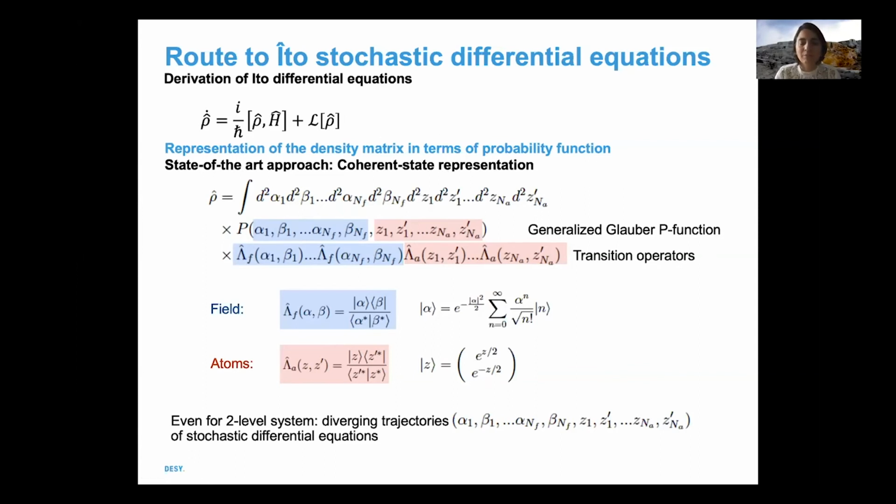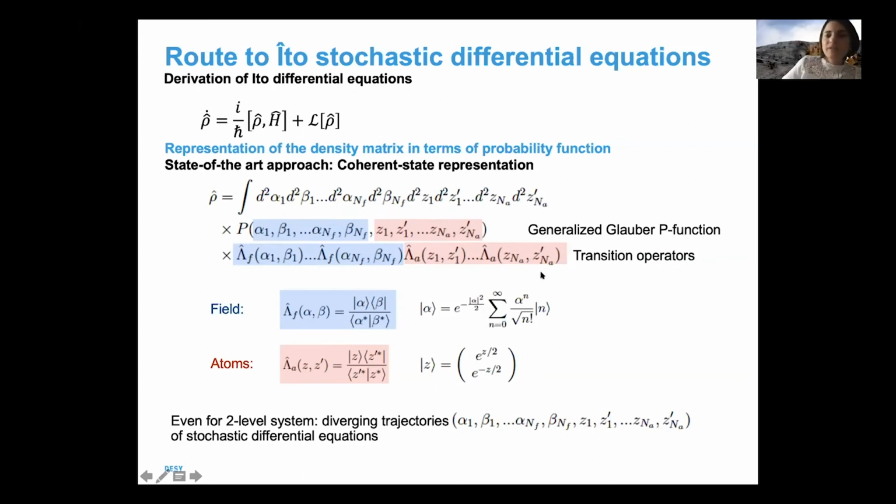Then one chooses a representation of the density matrix of the complete system. In the case of superfluorescence, this means we need to treat the combined system of field and atoms. We do this by a generalized Glauber P function and by representing this density matrix by coherent states.